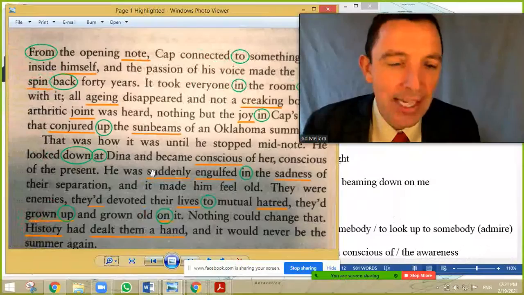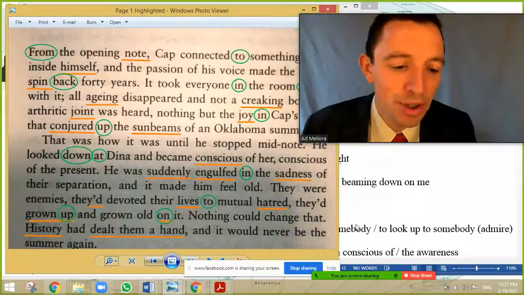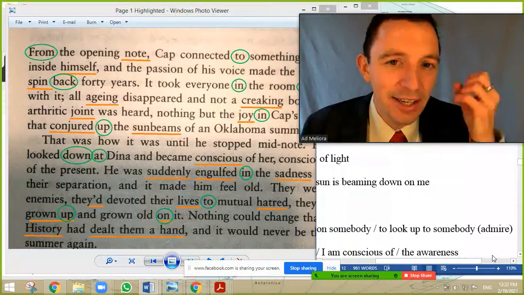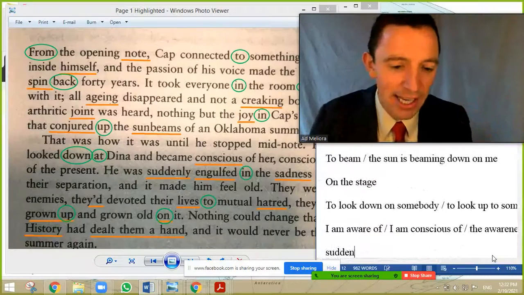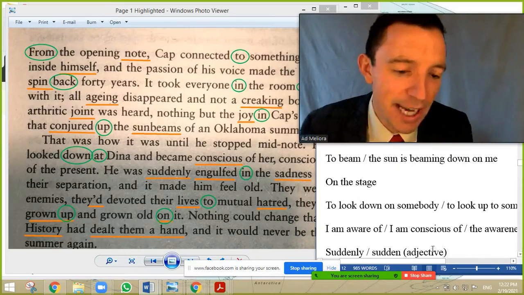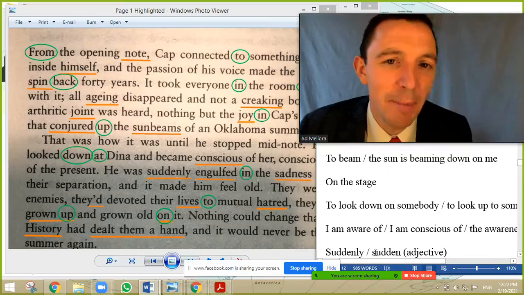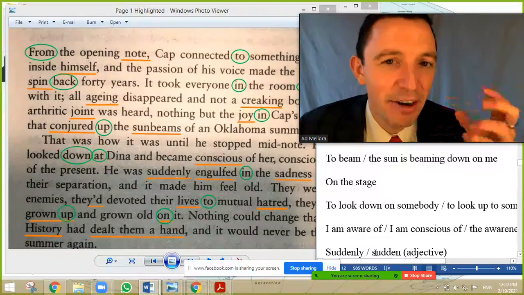Suddenly, in Espanol is de repente, but in Portuguese I don't know, but suddenly is like very, very immediately, unexpected. Okay, so suddenly I think is the adverb, sudden is the adjective, and for me this is very important in the adjective. So for example the weather in Ireland is constantly changing very, very quickly.